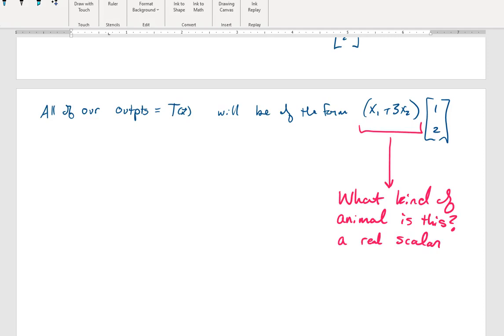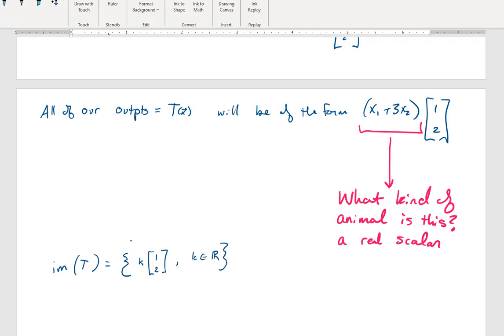So we can refine this statement. The image of T is the set of scalar multiples of 1, 2. We don't really need the x1 and the x2.